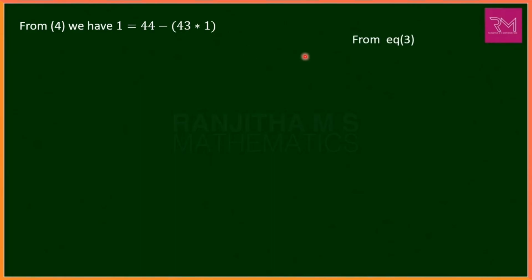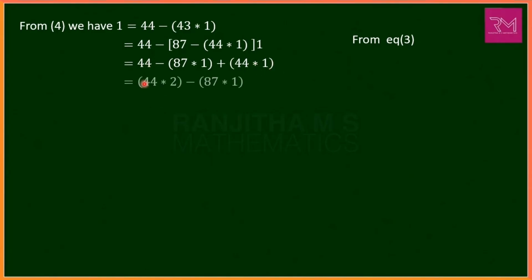Next, from equation 3 we substitute in the place of 43 as 87 minus 44 into 1. Multiply the negative sign inside the bracket and simplify. We get 44 minus 87 into 1, here minus and minus gives plus 44 into 1, and we have 44 into 1 as it is. So we have 44 into 2 minus 87 into 1.